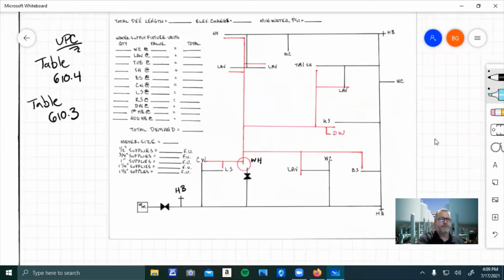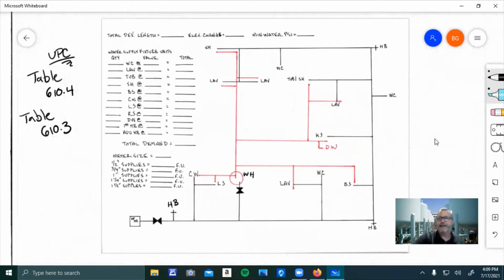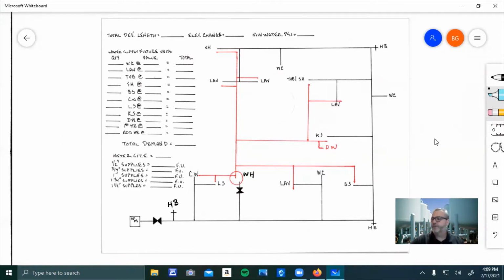Okay, so knowing that, we'll go ahead and erase that because I want to use that space later. All right, now up here you have total developed length. So starting off with your total developed length, let's do 156 feet.